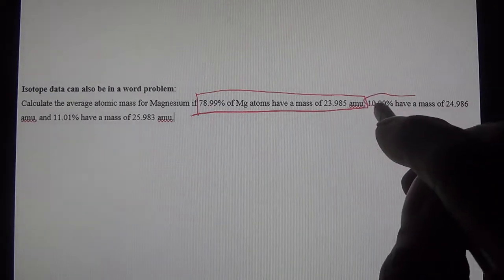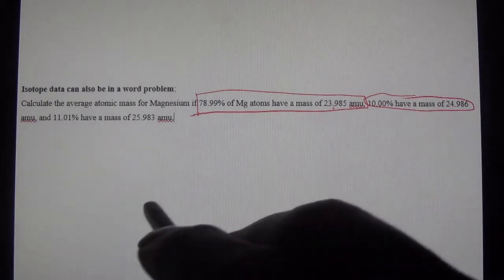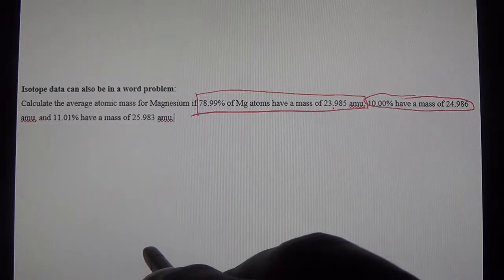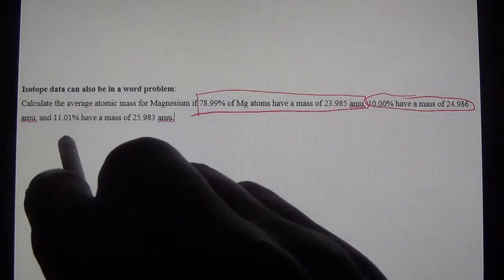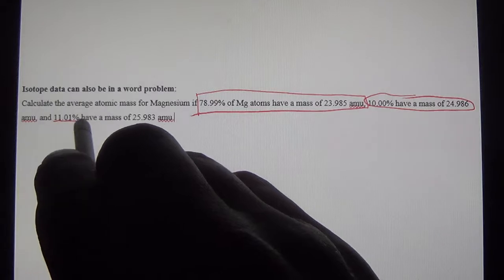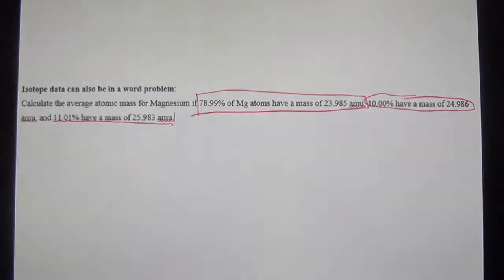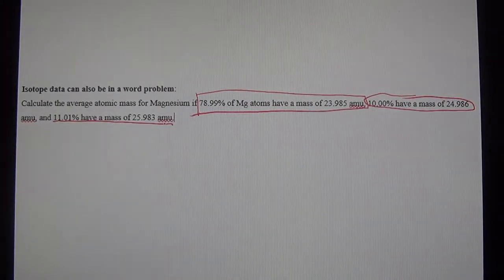Okay, this is a second thing, so I'm going to circle it this time because it's something different. And then I even have a third thing here, so I'm going to underline it this time to connect those. So I have 3 different isotopes, but I've connected them now, and as long as I keep them connected, I'm okay. So let's keep them connected.